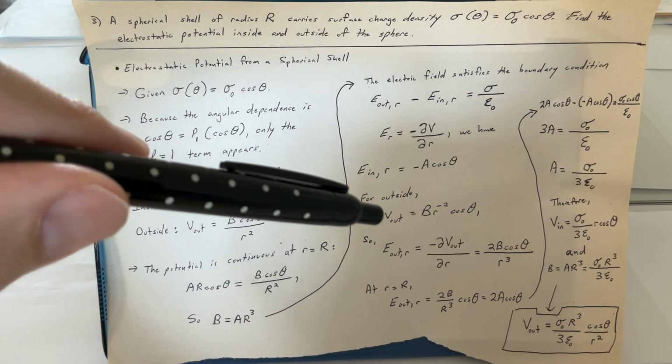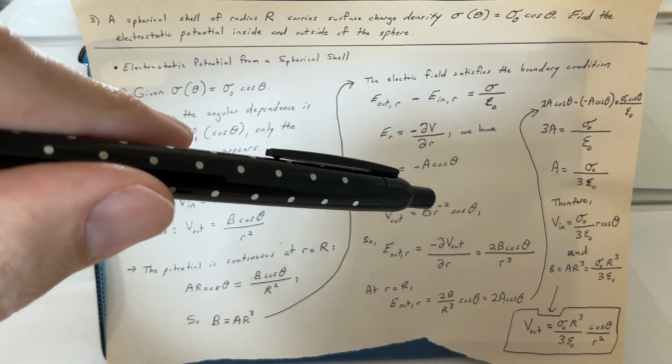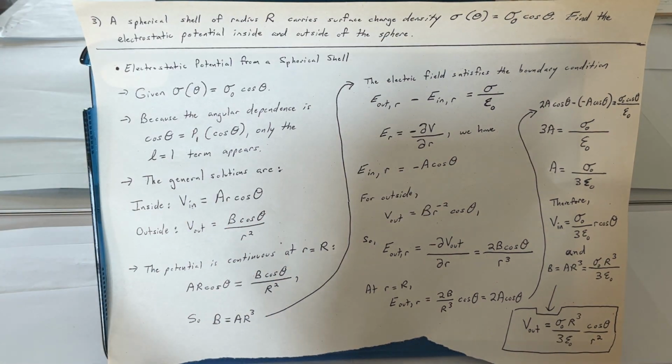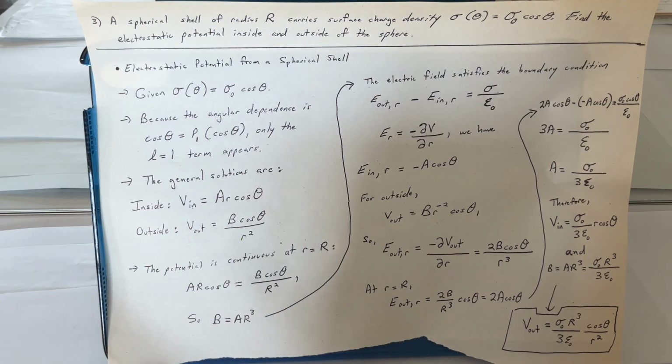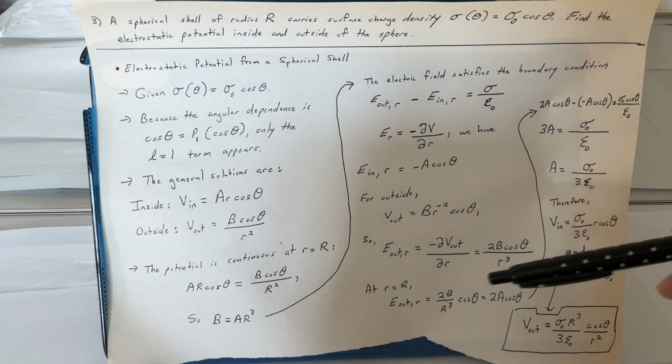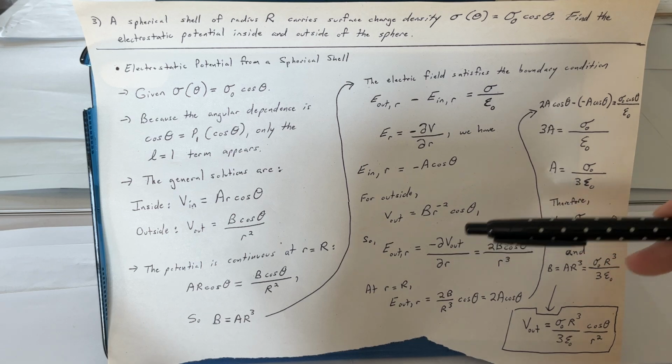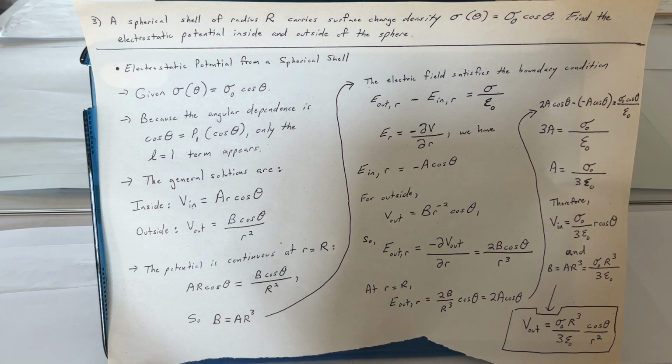For the outside, we have B r to the negative 2 cosine theta, and E out r, the negative partial derivative of V out with respect to r, is going to be 2B cosine theta over r cubed.